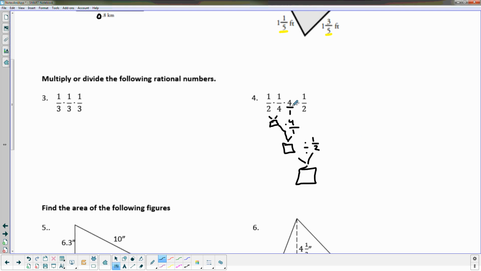So just go one step at a time. Forget about the rest of it. You can sure copy the rest of it down if you want to. For instance, I know when I go 1/2 times 1/4, I'm actually getting 1/8. So my number's actually becoming smaller. And then I'm more than welcome to write down the rest of it.